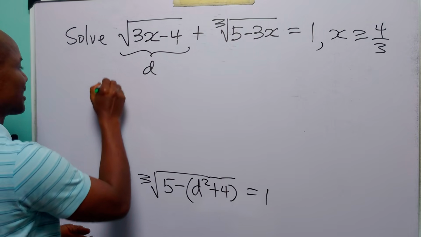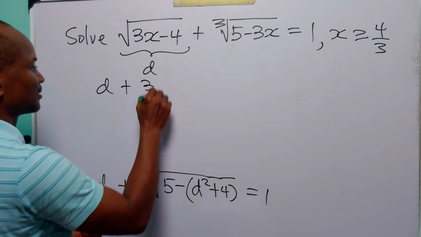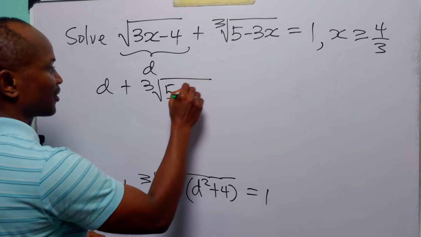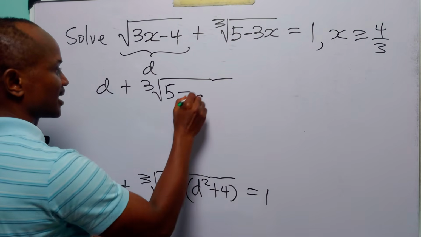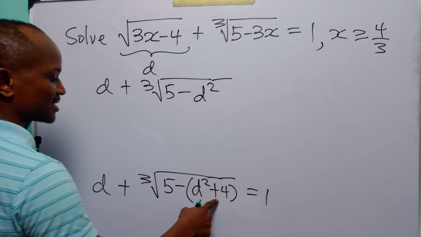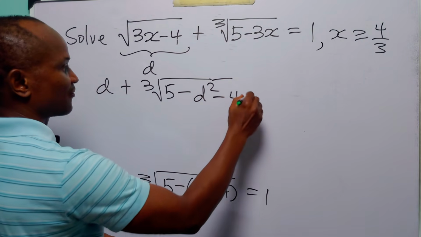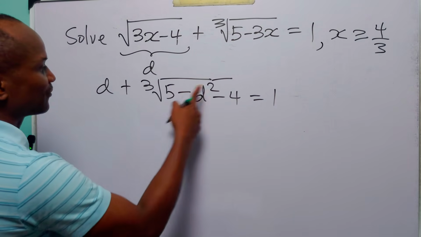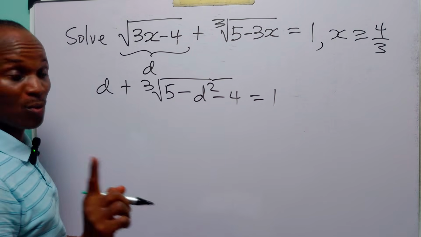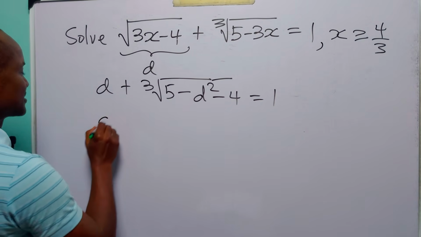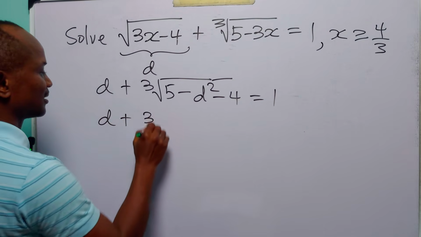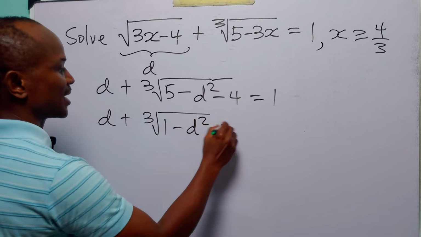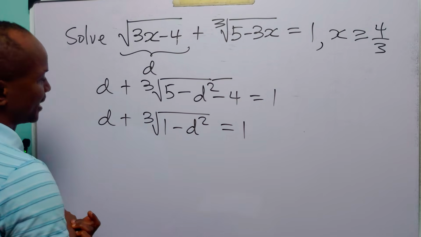Simplifying this equation, we have d plus the cube root of 5 minus d squared minus 4 is equal to 1. Now, 5 minus 4 is equal to 1. So this can be written as d plus the cube root of 1 minus d squared is equal to 1.